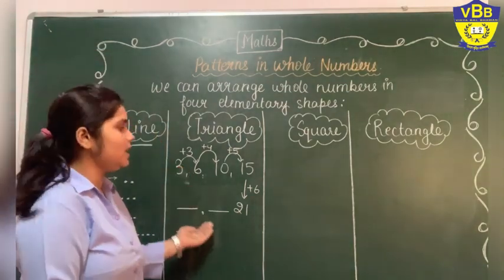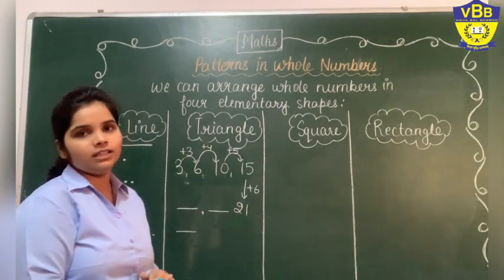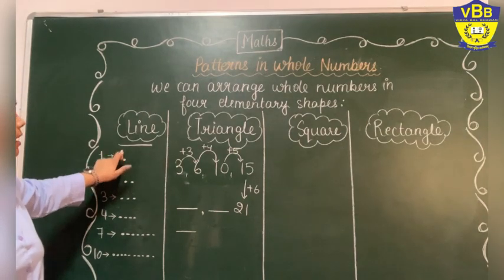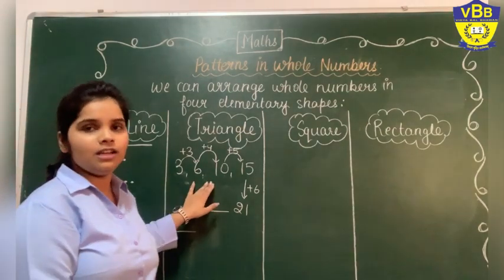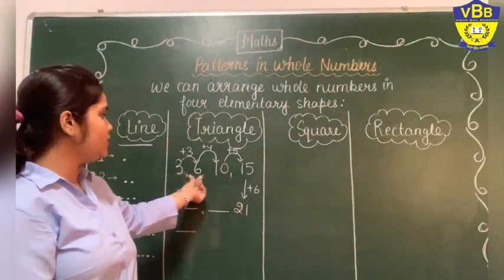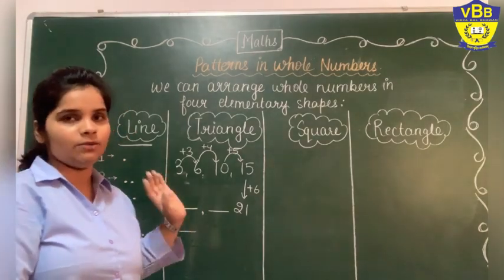These numbers can be arranged in the shape of a triangle, that's why they are called triangular numbers. All numbers can be arranged in a line, but only some whole numbers can be arranged in triangle form. So the triangular numbers are 3, 6, 10, 15, 21, and you will find the next 3.